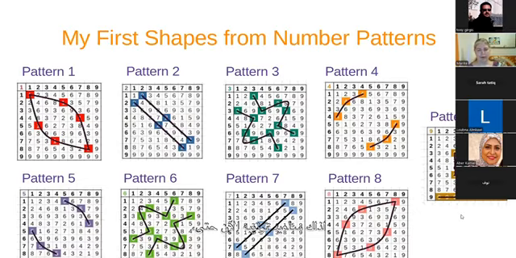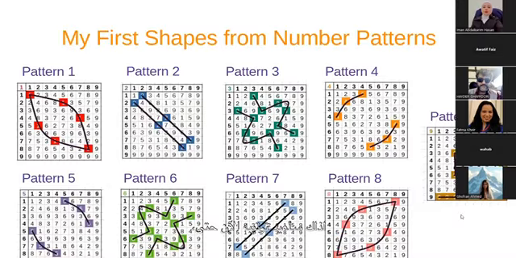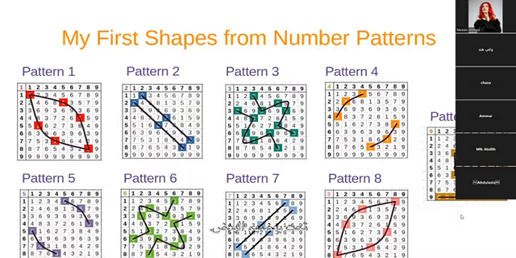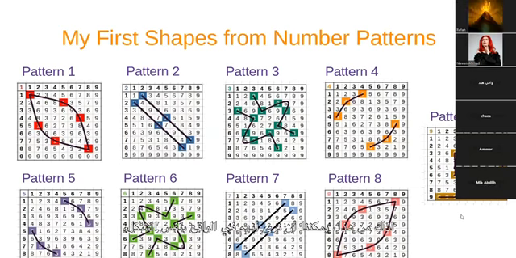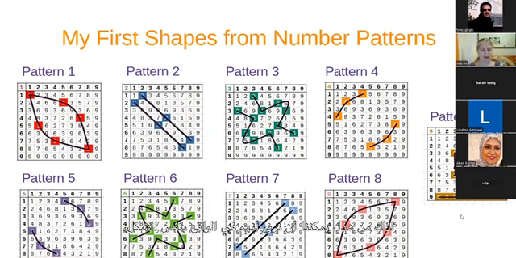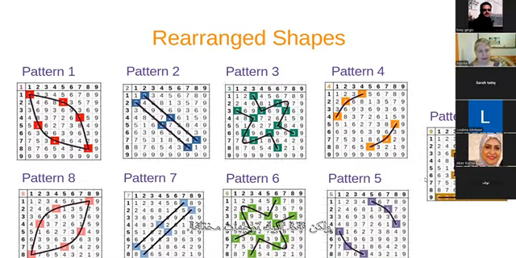So I'm going to rearrange it now so that they are underneath each other. From this, we can see that they are actually the same shape, but have different orientation.